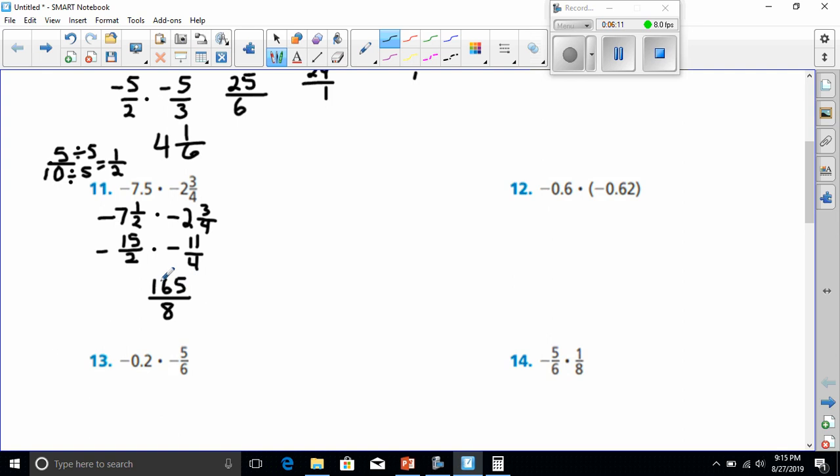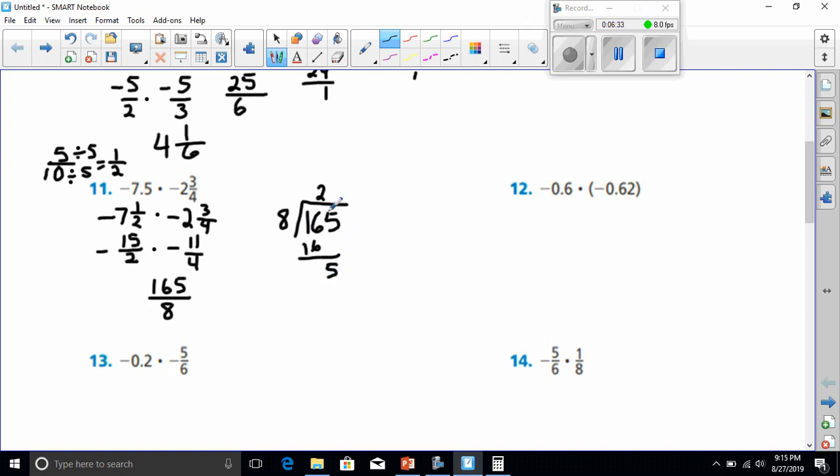Now we have to see how many times 8 goes into 165. Well, if we take 165 and divide it by 8, we see that 8 goes into 16 2 times, leaving us with a remainder of 5.